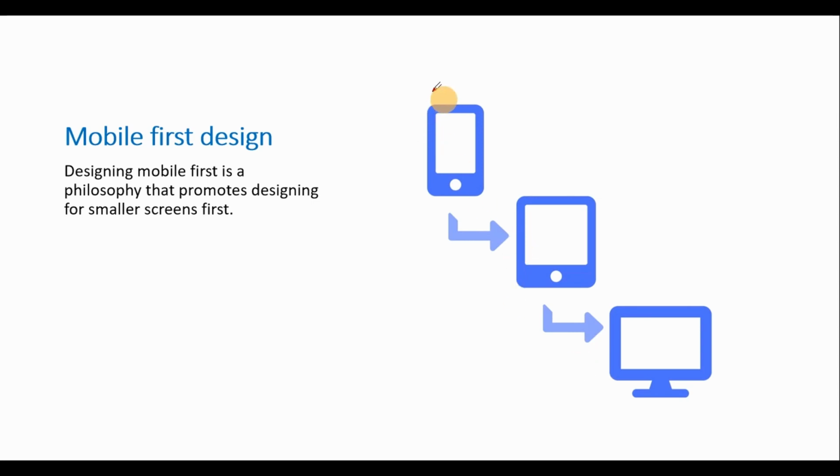In other words, you need to create your design first on mobile. Create a mobile design first, then you can extend its responsiveness to the tablet and to the desktop view. So it's much easier.